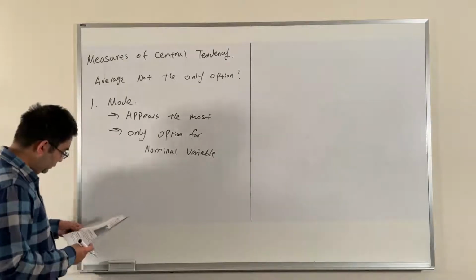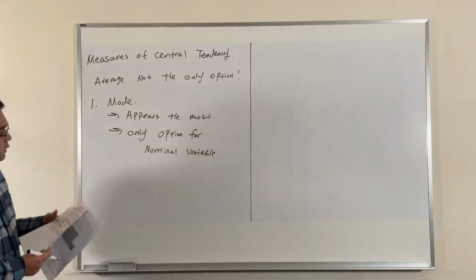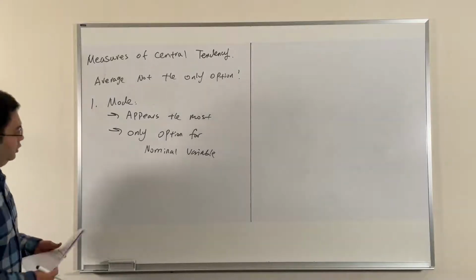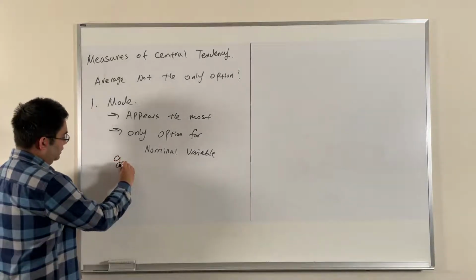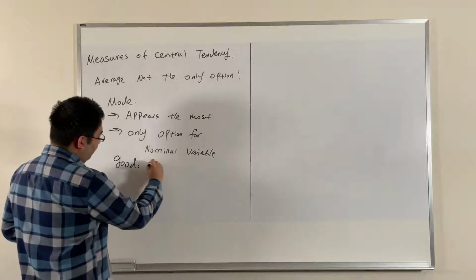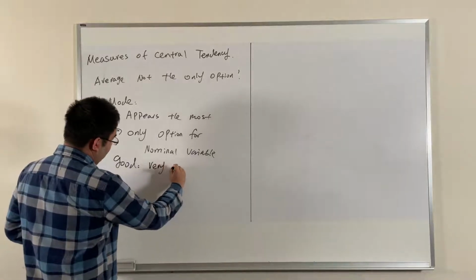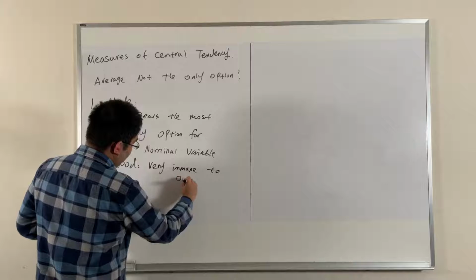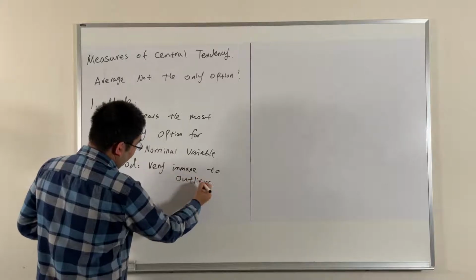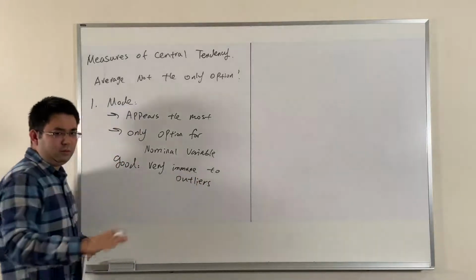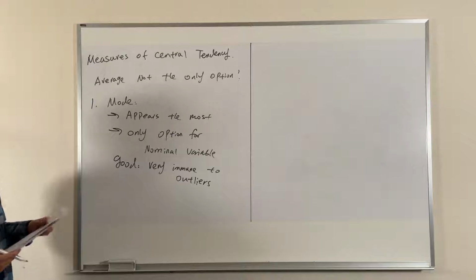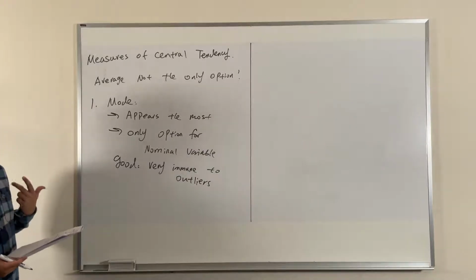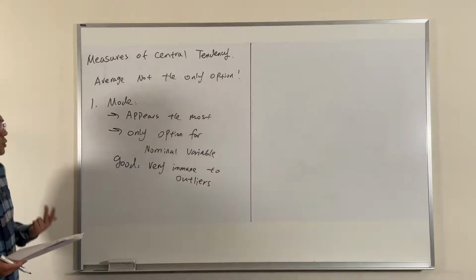And what's good about mode? It's very immune to outliers. So if you have outliers, mode is the best to be against outliers. But what is not so good about mode?